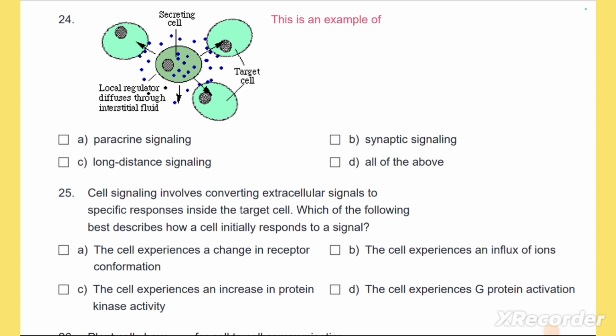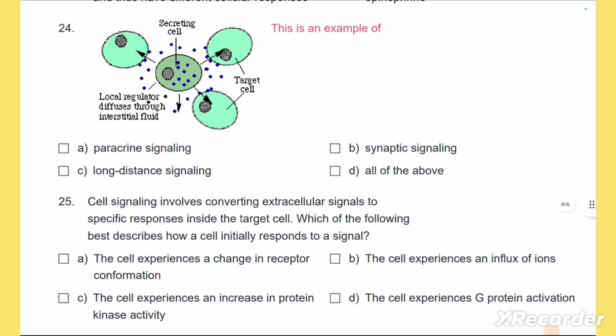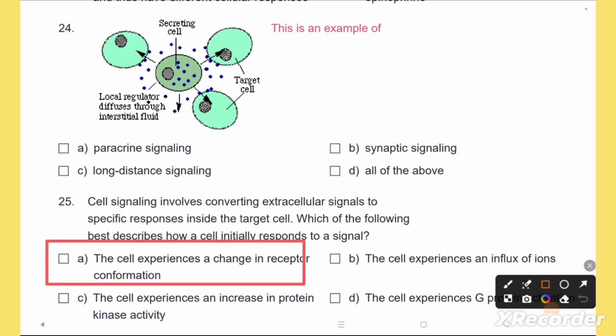Option C, the cell experiences an increase in protein kinase activity. And option D, the cell experiences G protein activation. So the answer of this question will be option A. So guys, these were the 25 questions I wanted to explain to you for cell communication, cell signaling. Thank you so much.